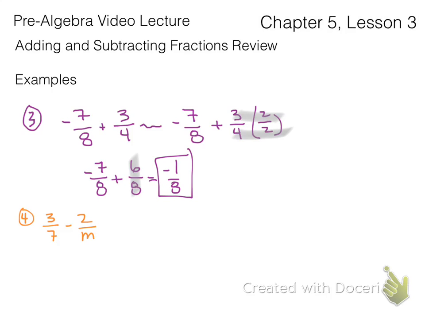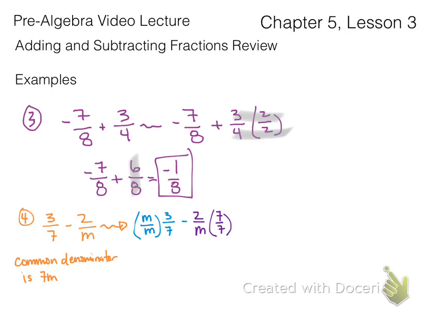Now, if I have a denominator at the bottom, I need to multiply still. So if I'm going to get 7 to look like something that has an m in it, I have to multiply 7 by m. And if I need m to have something with a 7 in it, I need to multiply m by 7. Therefore, the common denominator is 7m. But what do I do to the bottom? I have to do to the top. If I multiply 7 by m, I have to multiply 3 by m, and the same with 2. If I multiply the m by 7, I have to multiply 2 by 7.